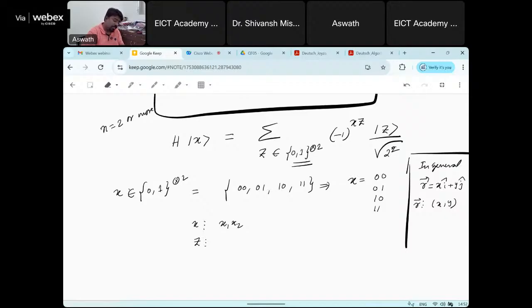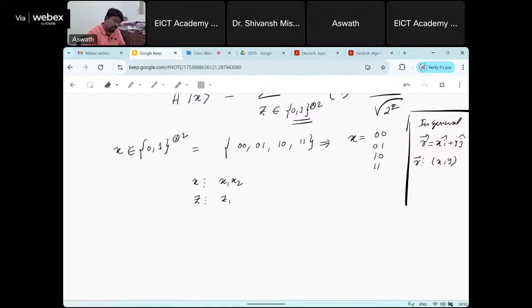So that means z is also z1, z2. This is how you can bring some kind of an easy way of writing things so that you would understand easily.